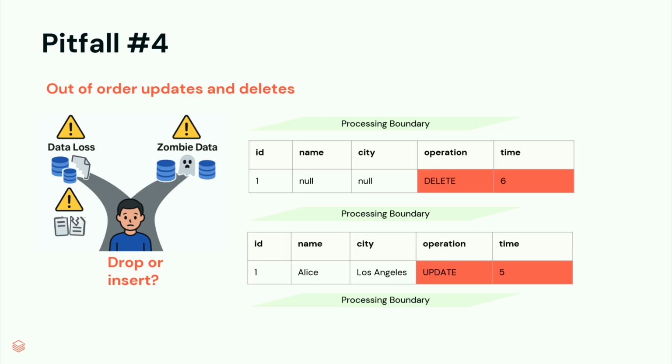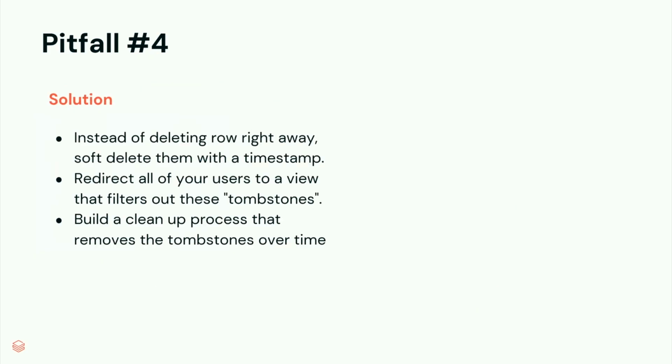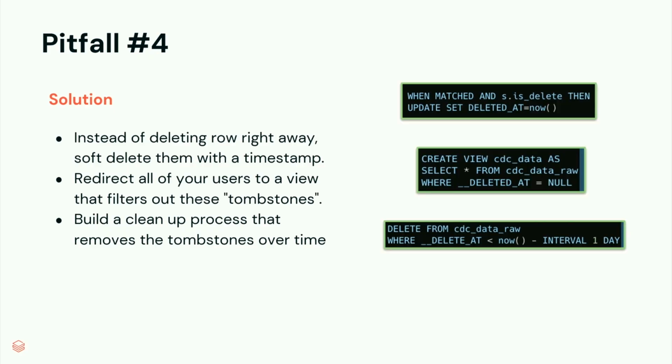So what do we do with that? The way we've solved this is that instead of doing deletion right away, we actually perform a soft delete in the target table and continue to track that record, so that later on, when insert or update events show up late, we will compare with the timestamp on the deletion events to produce the correct results.